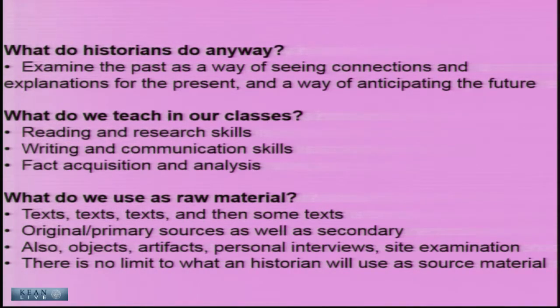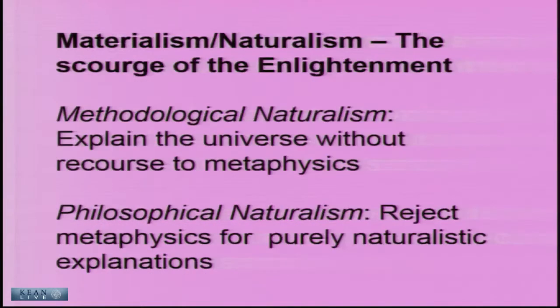We're not above going out and digging around in the dirt ourselves to look for little bits and pieces of junk in the ground. And so basically, while we focus on primary texts, we are pretty much willing to look at almost anything. There's no limit to what sort of source material you can use to examine history. And so a lot of you will have this sort of material in your particular discipline, and you can utilize it in this way.